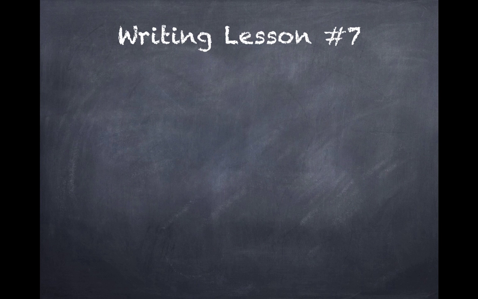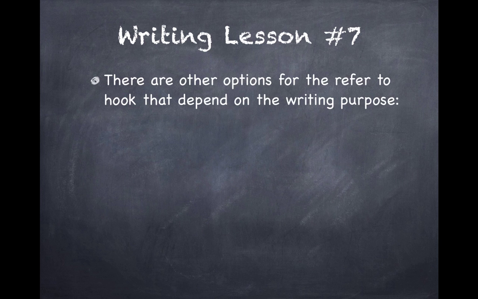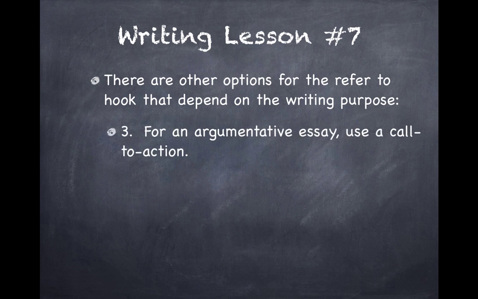Now, there are a few other options for the refer to hook, and it depends on what type of essay you're writing. For example, if you're writing an argumentative essay, you could use a call to action. You could do a refer to the hook and a call to action, or either or.